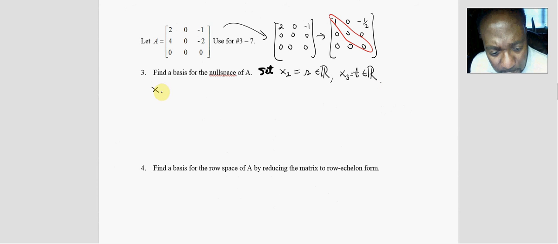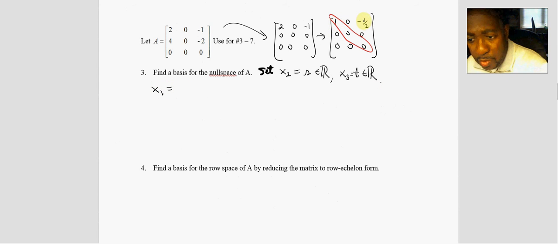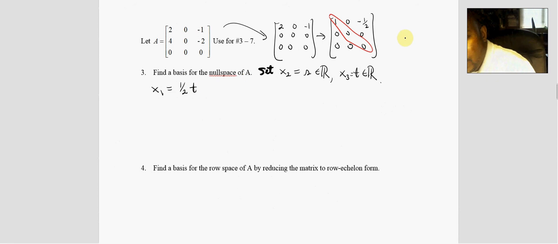And notice that we get for x sub 1 is equal to 1 half t. You see that because the first row is x sub 1 minus 1 half x sub 3, which is now t, is equal to 0.